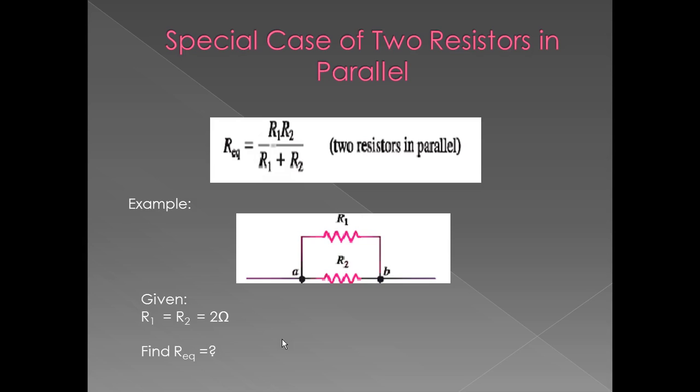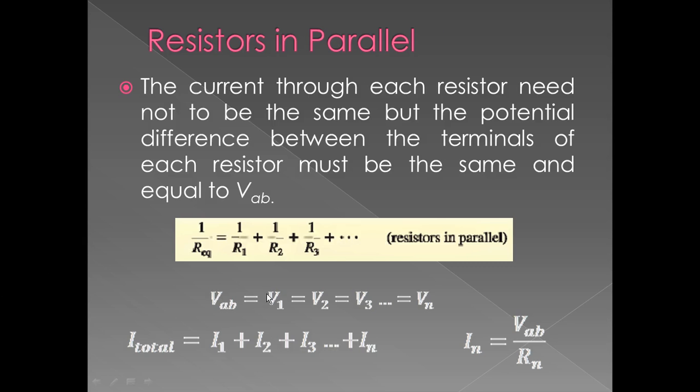To get the total current, we simply get the sum of the individual currents of the resistors connected in parallel, so that we have this expression. I total would be equal to I sub 1 plus I sub 2 plus I sub 3 plus any number of I's in the given circuit. Now, of course, if we're going to solve for I sub 1, I sub n, or I sub total in terms of V sub AB over R sub n, of course, V sub n, solving for I over V sub AB, that is provided as equal to 1 over R sub n.